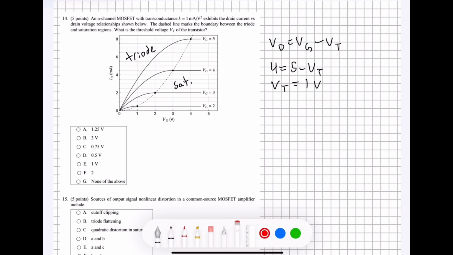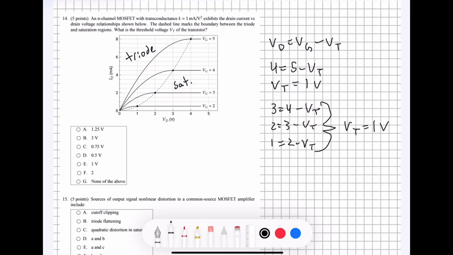We can try this with all of the other points on this line. If we have 3 equals 4 minus VT, 2 equals 3 minus VT, 1 equals 2 minus VT, all of these are going to give us a threshold voltage equal to 1 volt. And this is always going to be consistent.